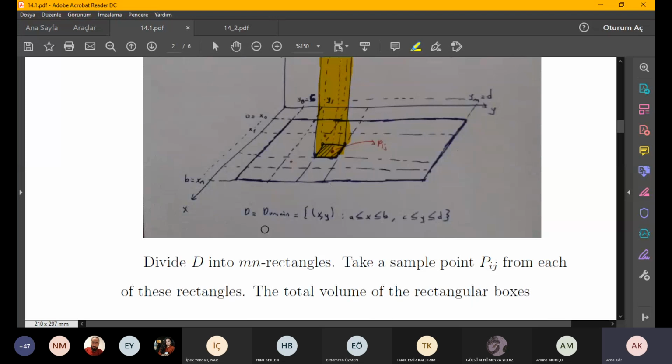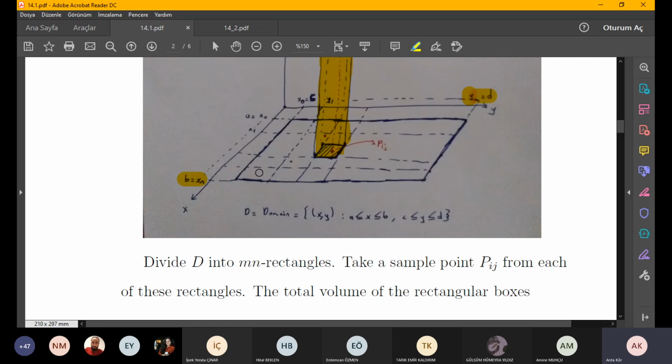And yes, m and n, I should say, if you divide the domain D into m times n rectangles, which means you divide the closed interval A to B into n subintervals, and C to D into m subintervals, as you can see here.